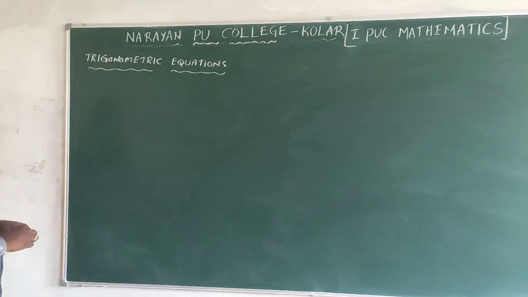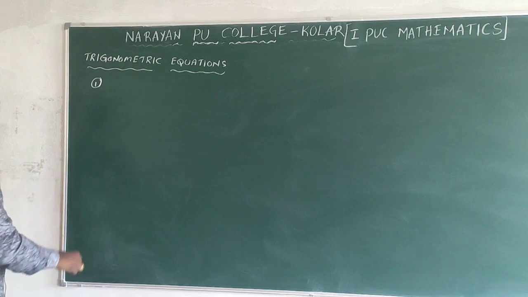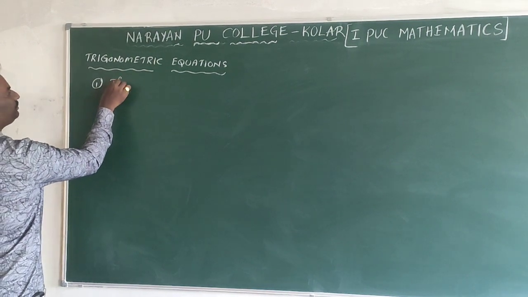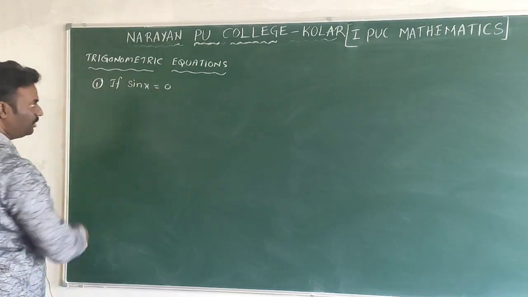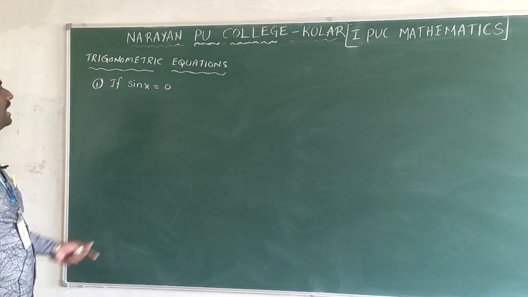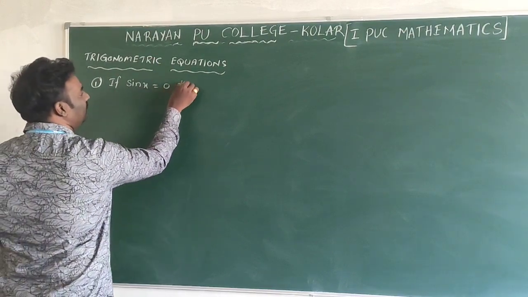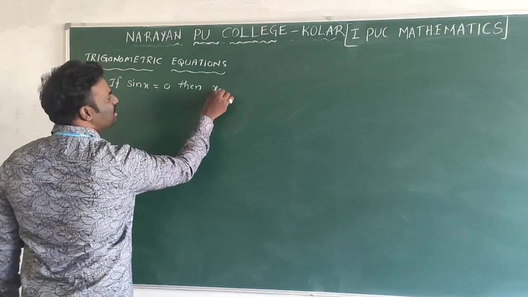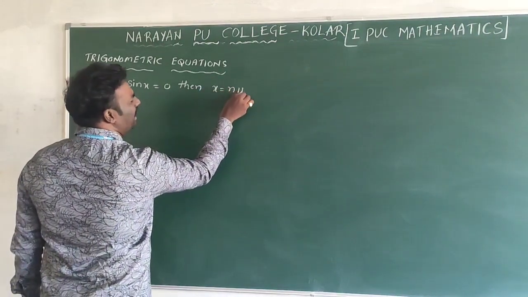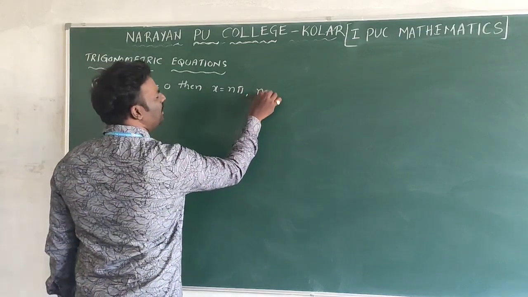Okay, next, in this first one, if sin x is equal to 0, this is a given trigonometric equation, then the general solution is x is equal to n pi, where n belongs to integers.